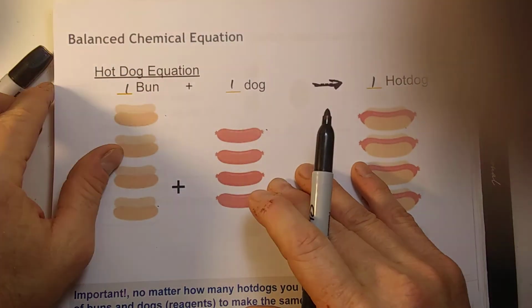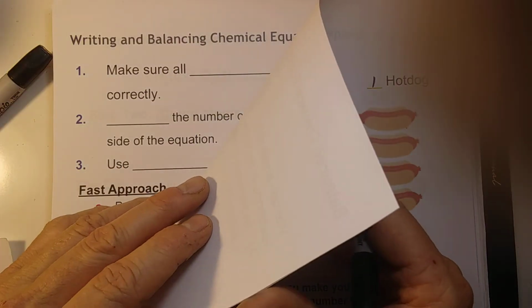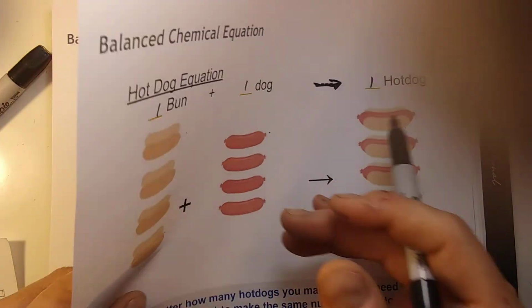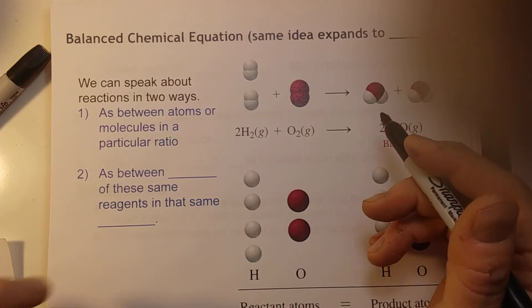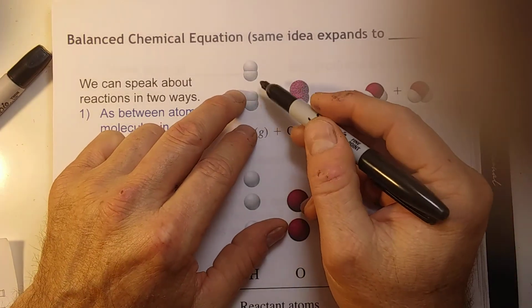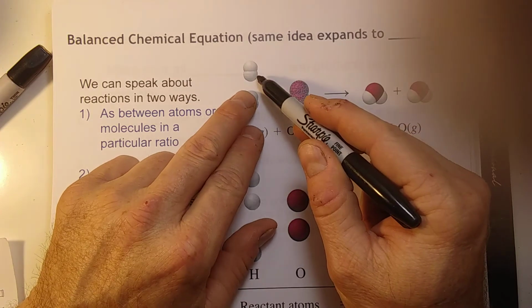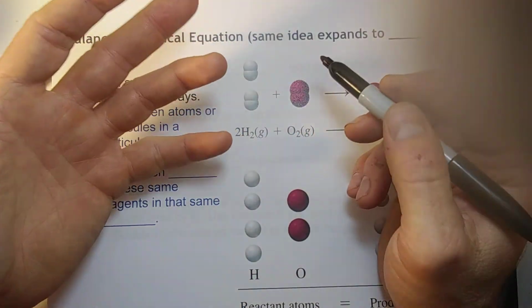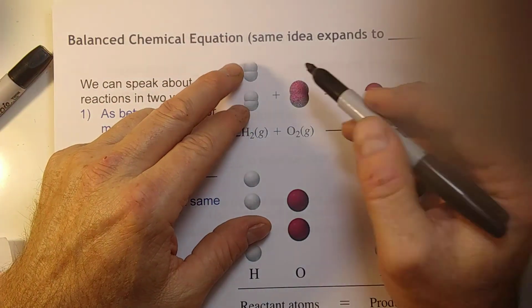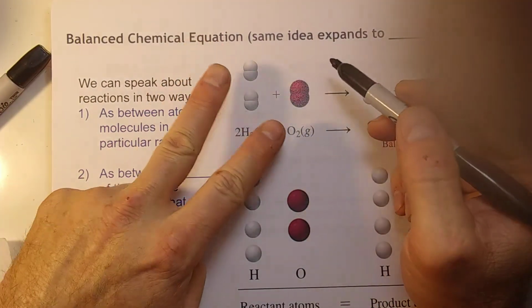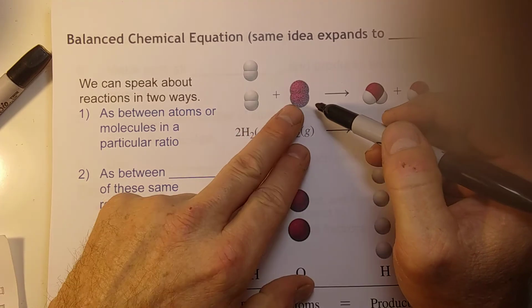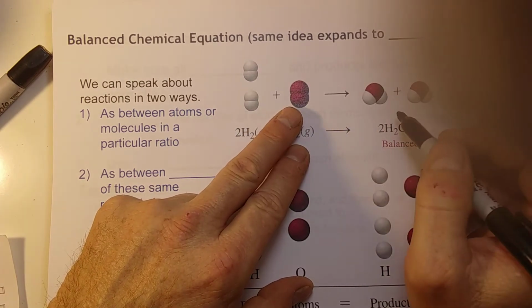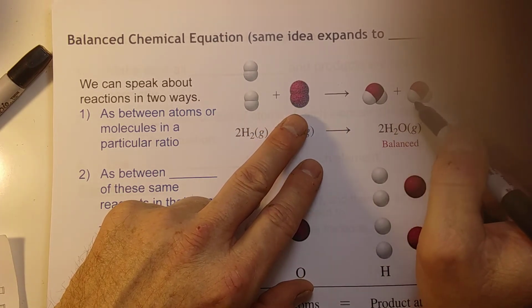And we can also talk about these in terms of moles. We don't have to say 1 to 1 in terms of number of actual molecules. We can say this is representing 1 mole, 6.02 times 10 to the 23rd. It's like a chemist's dozen. We could say 2 moles of hydrogen gas plus 1 mole of oxygen gas can make 2 moles of water.